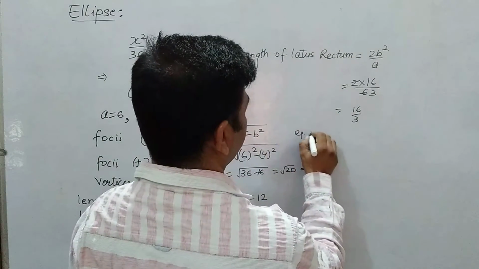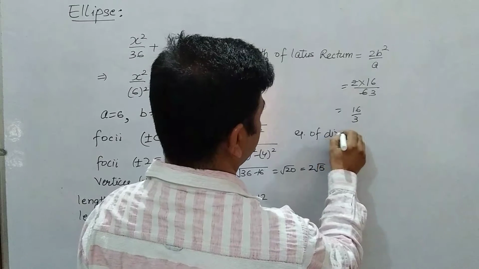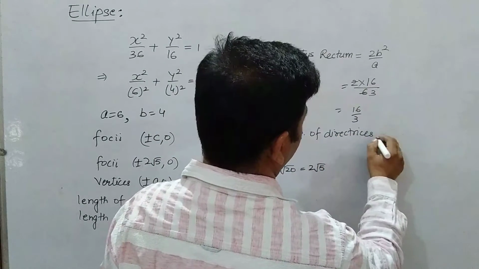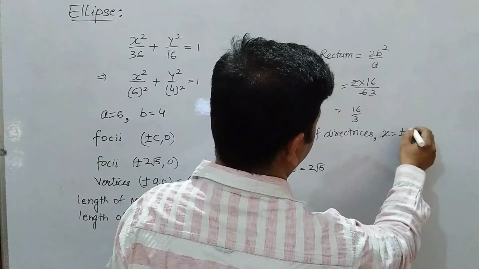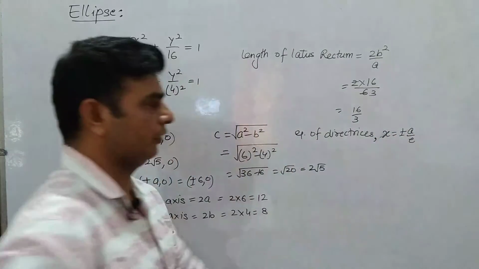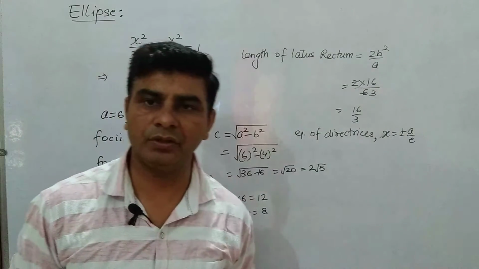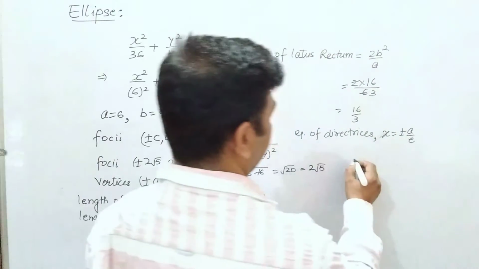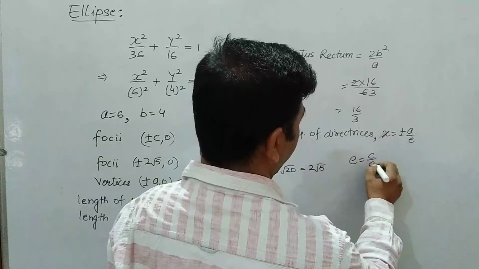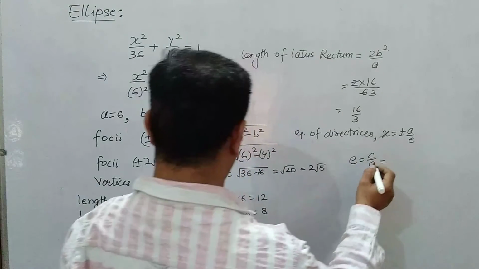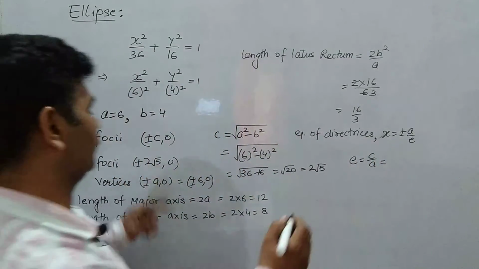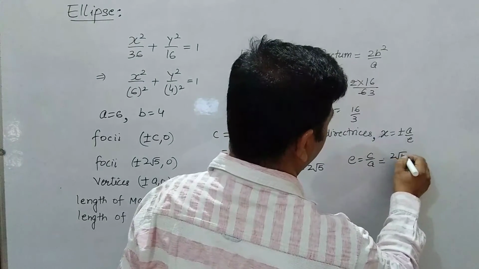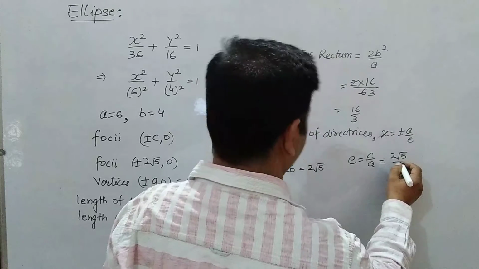The equation of the directrix is given by x is equal to plus minus a upon e. So first of all we need to find the value of e. E is known as eccentricity, and this can be obtained by c upon a. C is 2 root 5, and the value of a is 6.